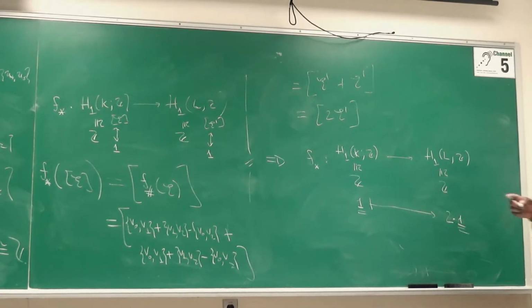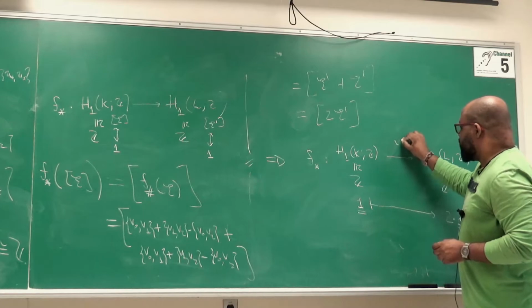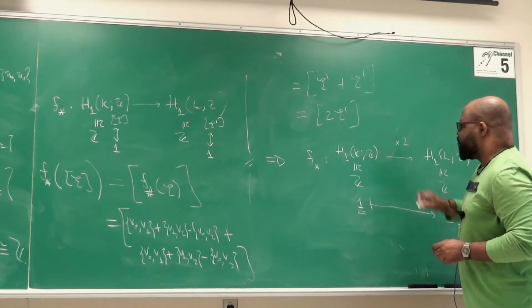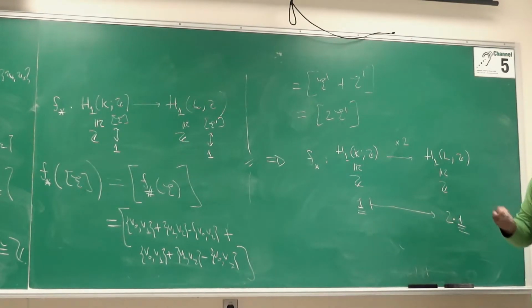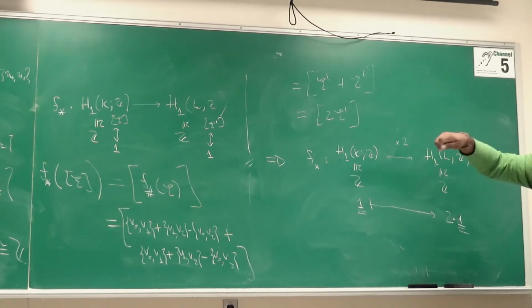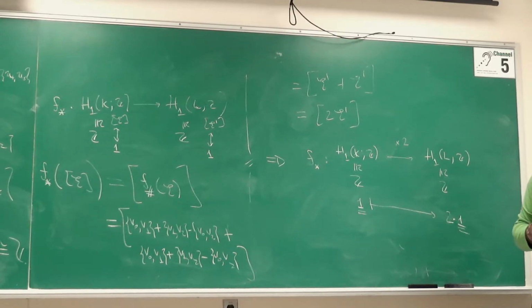In other words, f star is actually just multiplication by 2, which is what we thought from the start, because what f is doing is looping around the generator 2 times, okay?